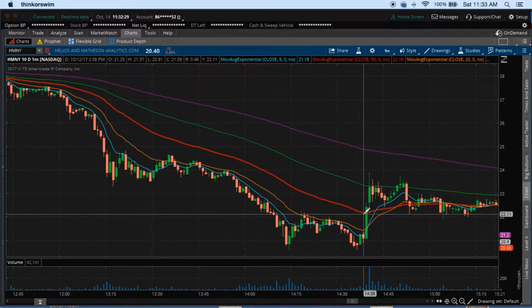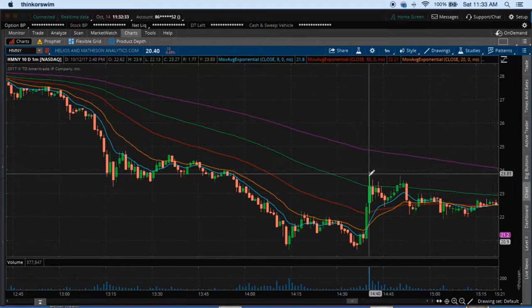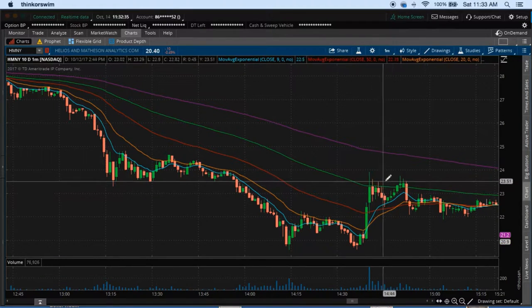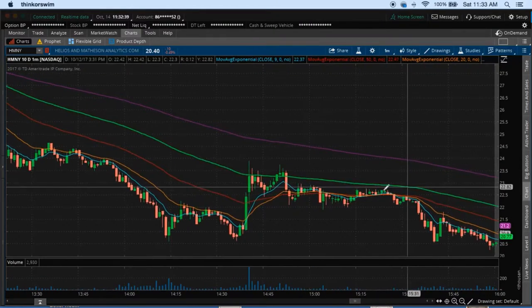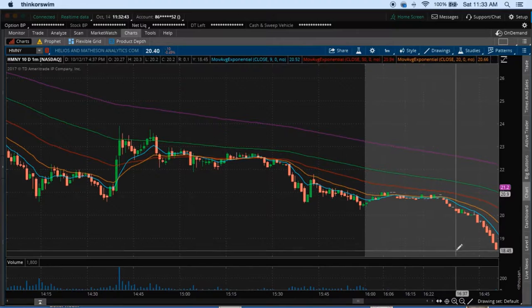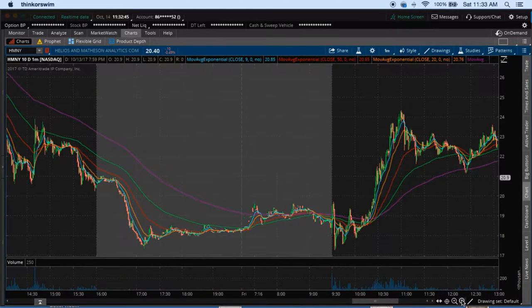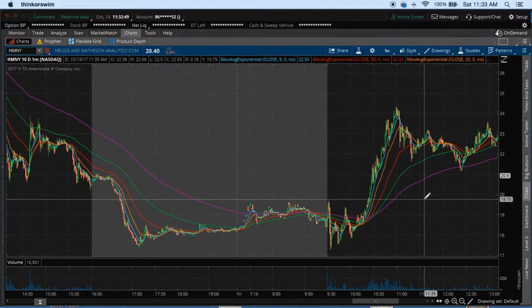It broke through the 50, the red line, and then it finally popped up above the green line, but really found resistance on this green line before continuing its downward path once again, going into after hours trading. So this is just another example: when the price action is above, the moving averages are treated as support. When the price action is below, they're treated as resistance.